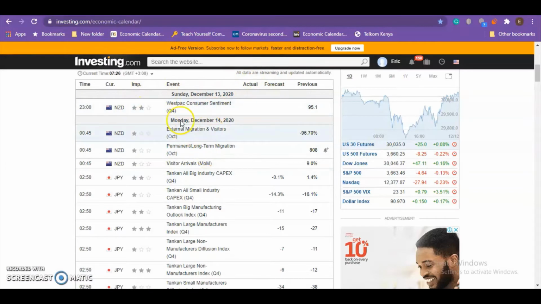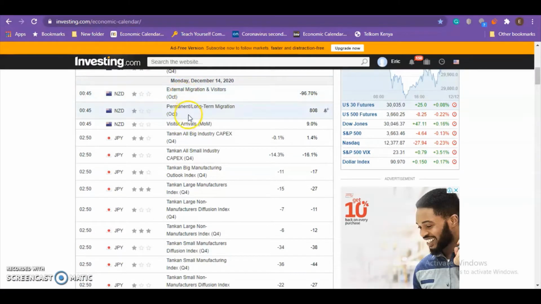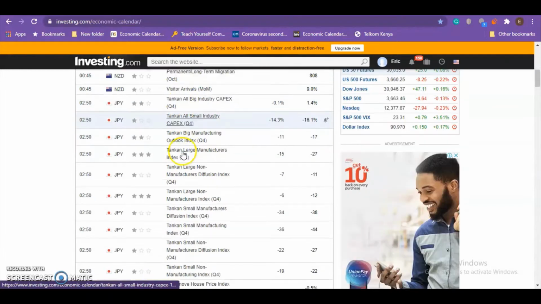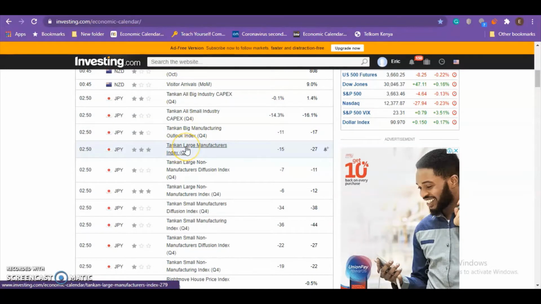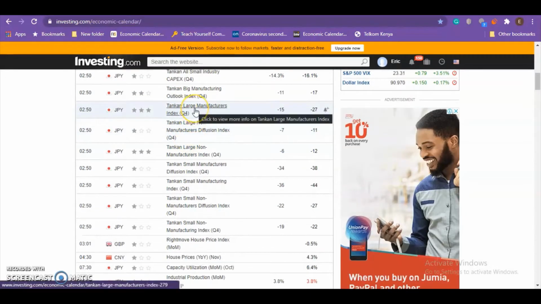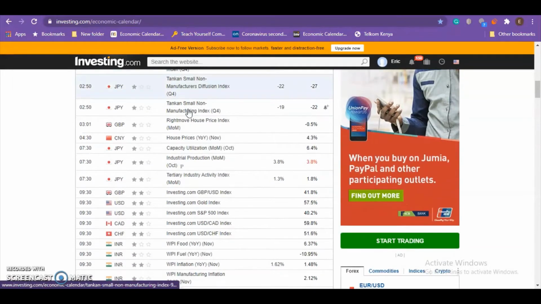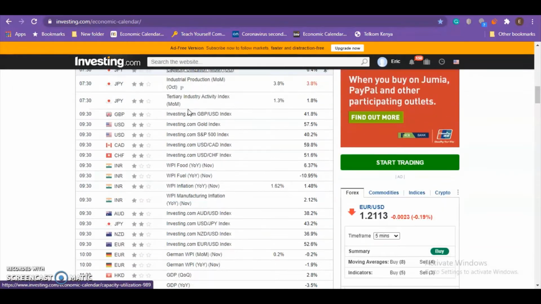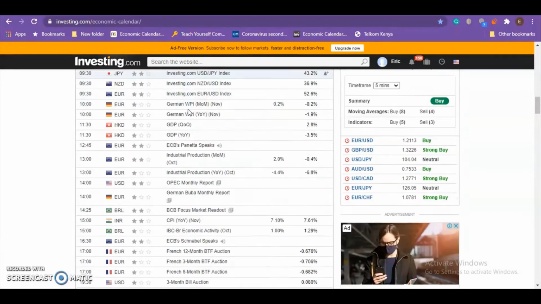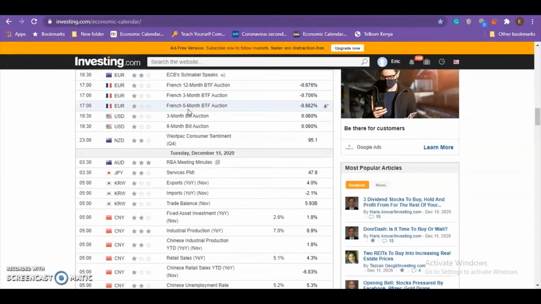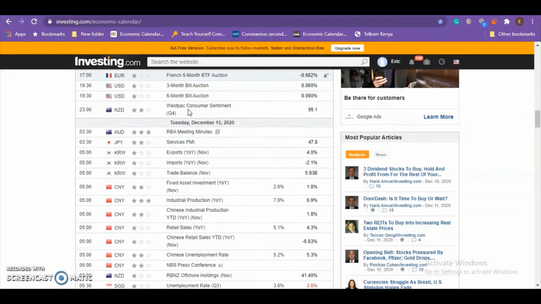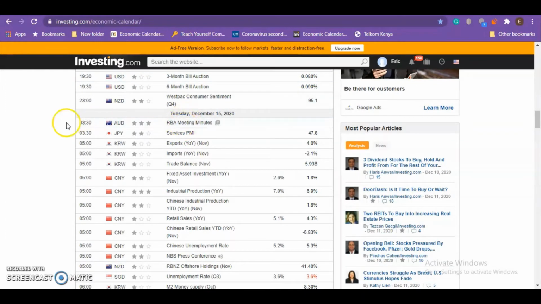This is Sunday the 13th. Let's go back. We have some good news. It seems like it's going to be positive for the Japanese yen. This is a Monday. So essentially what you are looking for is heavy volatile news.